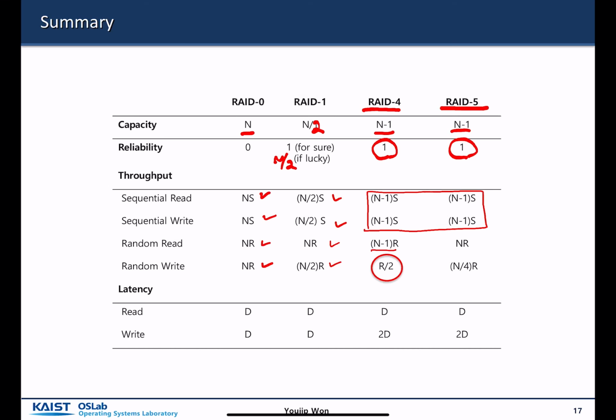So for random read operation, the performance is going to be n times R. For random write operation, RAID level 4 has the small write problem, and the performance is R divided by 2. This is very problematic. However, by rotating parity, RAID level 5 renders n divided by 4 times R performance.